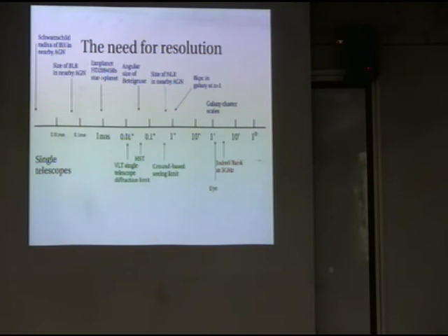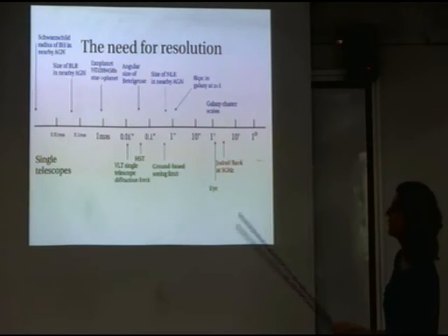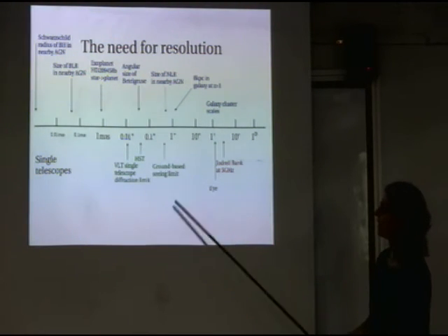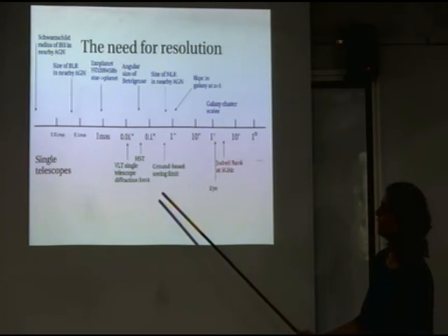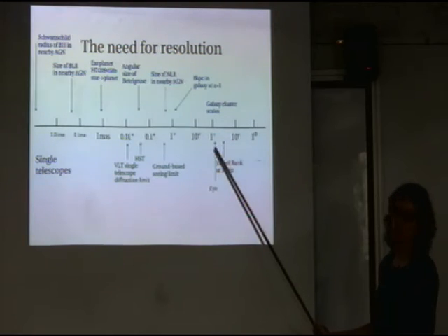Okay, so here now there is a plot of the things that can be resolved with single dishes from Earth, right? The resolution of the eye would be around this.